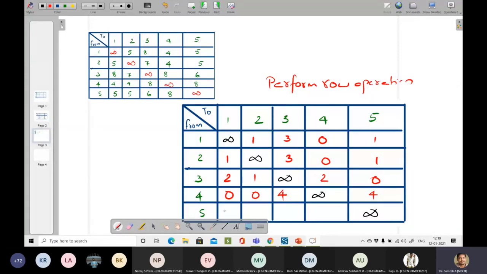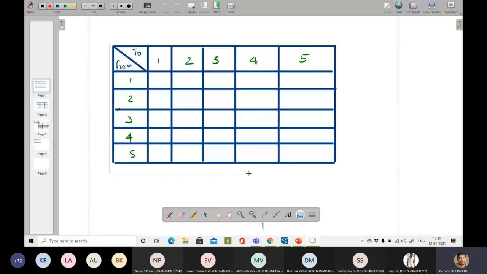Sorry, 8 is 3. Okay. Sir, row 1, column 3 is 4, sir.